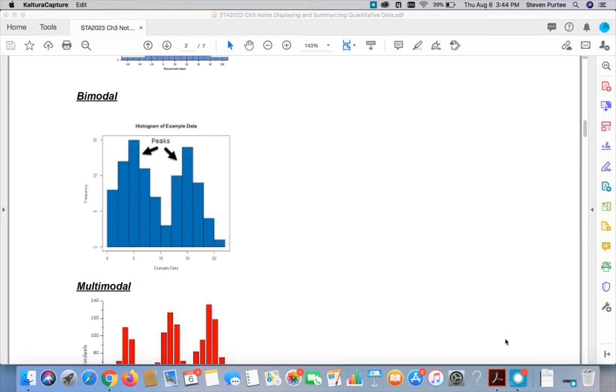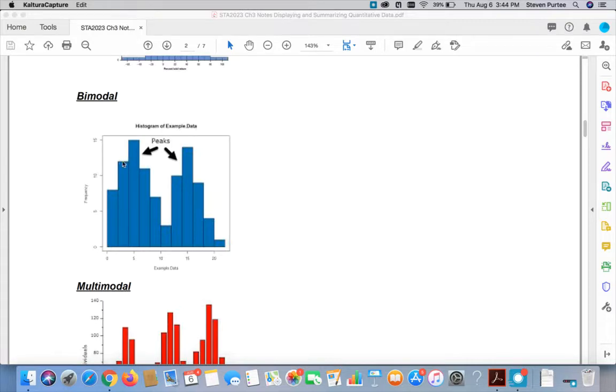If we were to take all Valencia students and measure all their heights and graph out the heights of all Valencia students, we would get a bimodal distribution. Why? Because boys and girls have different average heights. We would get a peak for the average height for girls and a peak for boys.